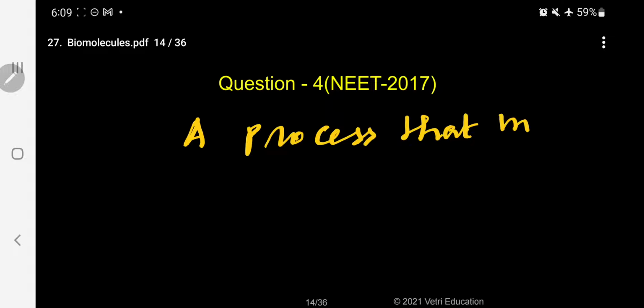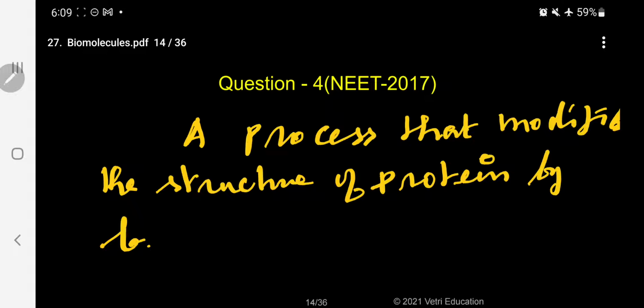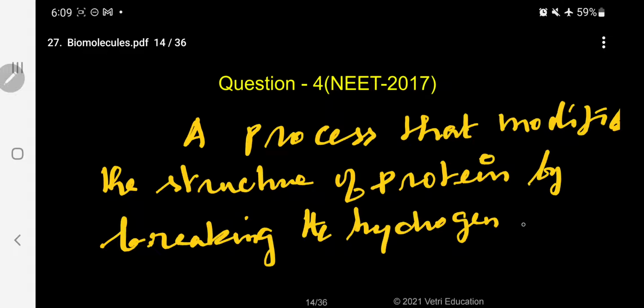Denaturation of a protein means a process that modifies the structure of protein by breaking the hydrogen bonds which are holding the protein molecule together.